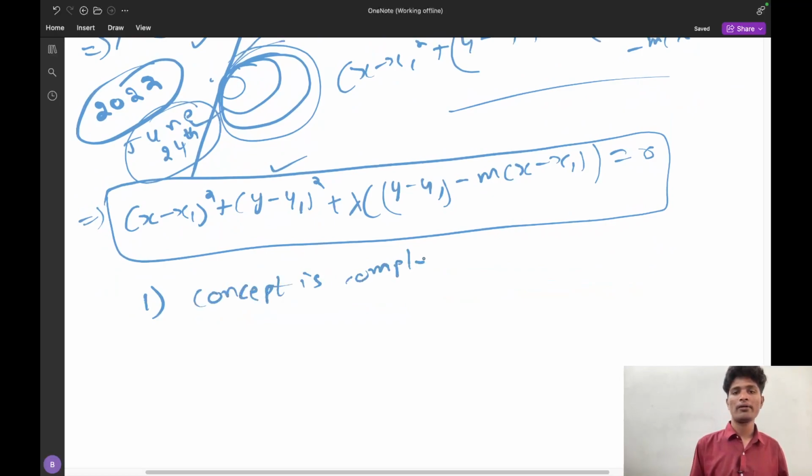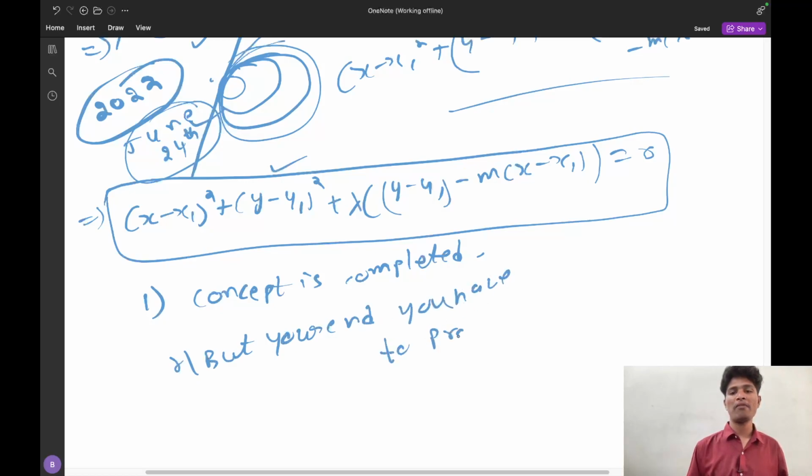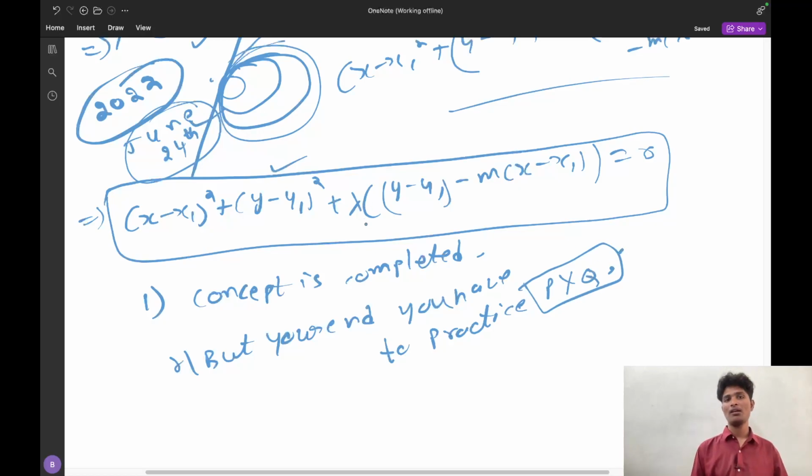The concept is completed, but at your end you have to practice PYQs. This is the main important thing. I have discussed the entire circles concept, but you have to practice the PYQs of circles.